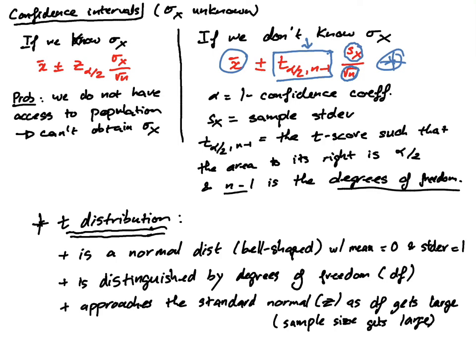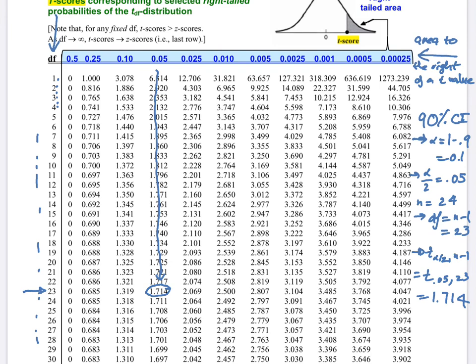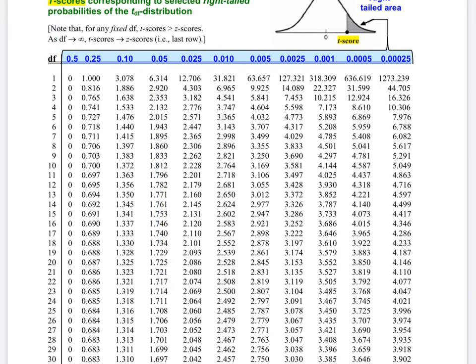Okay, so let's look at another example. Suppose you want to find the 99% confidence interval. So alpha is 1 minus 0.99, which is 0.01.